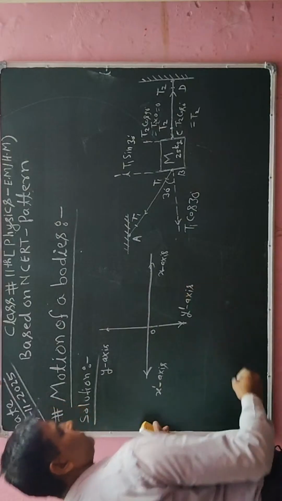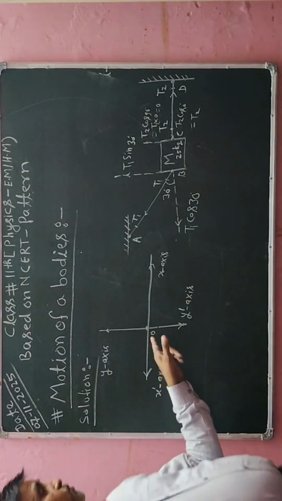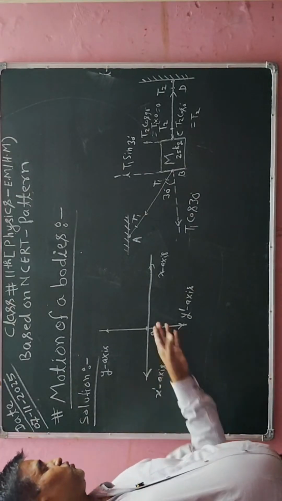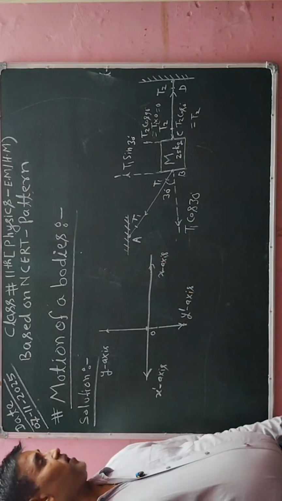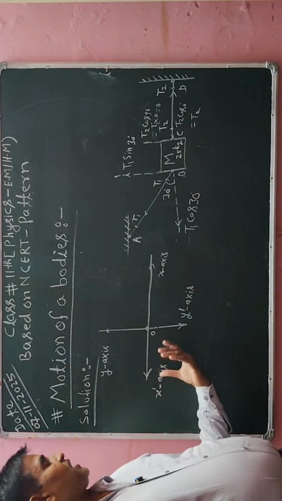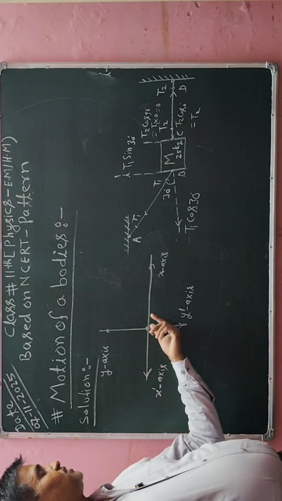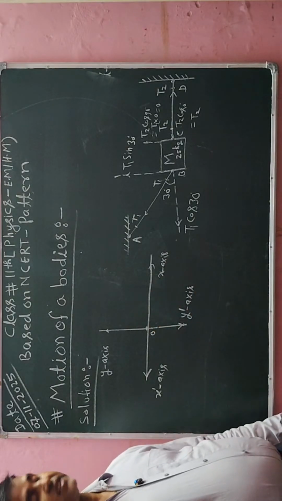So I will say the force from the origin on the left hand side will be equal to the force along the positive x axis. So I will take the sum of all forces along the negative x axis, and also the sum of all forces along the positive x axis.